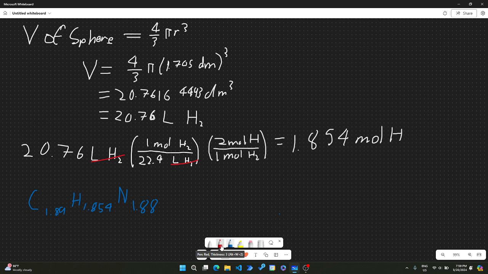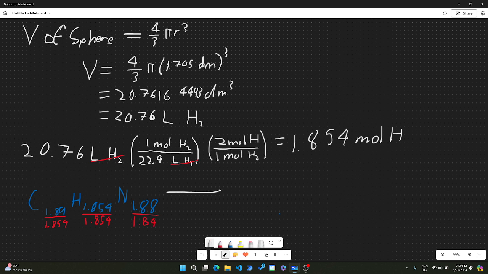Actually, I'm going to use a different color. We're going to divide all of these by 1.854. And then we will get the actual subscripts for our formula.